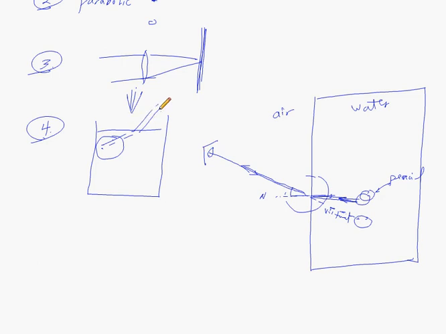What we see above the water is simply the light from the pencil coming directly at us in the air. These images have to meet at the surface, and if you think about this, this explains why you see this bending effect right there. Well, I hope that makes sense very briefly, and we'll have more videos that will do more of the questions.